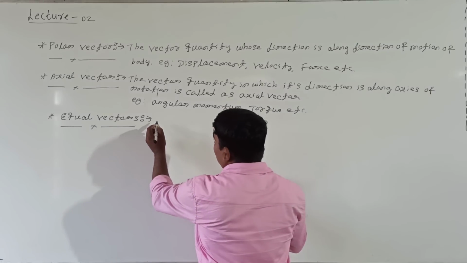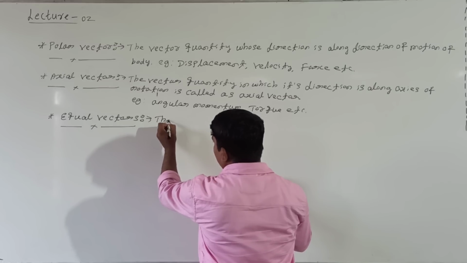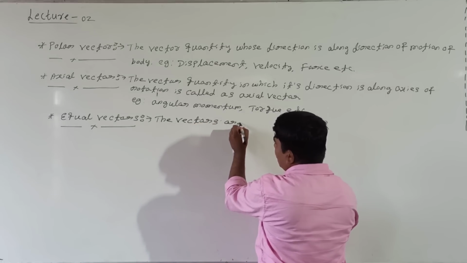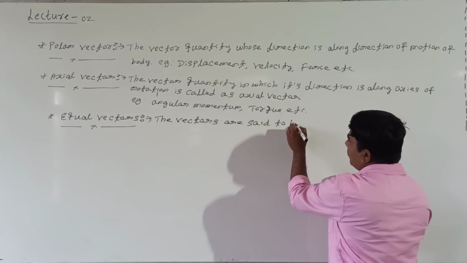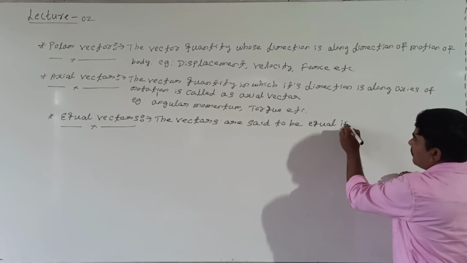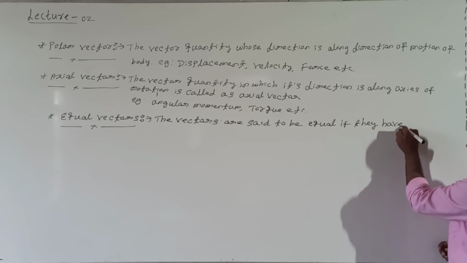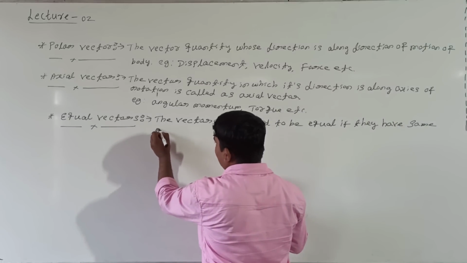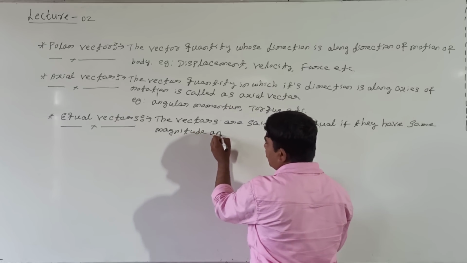First of all, let us write the definition of equal vectors. Two or more vectors are said to be equal if they have the same magnitude and the same direction.